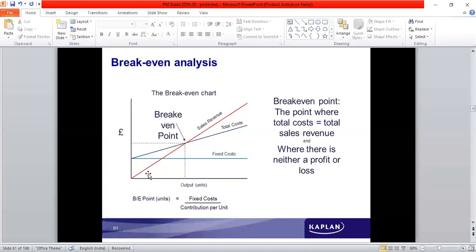Below the break-even point, there is loss. Above the break-even point, there is profit, because the sales curve is below the total cost until the break-even point, and after it, the sales revenue curve is above the total cost. So at any level other than the break-even point, there is either profit or loss.